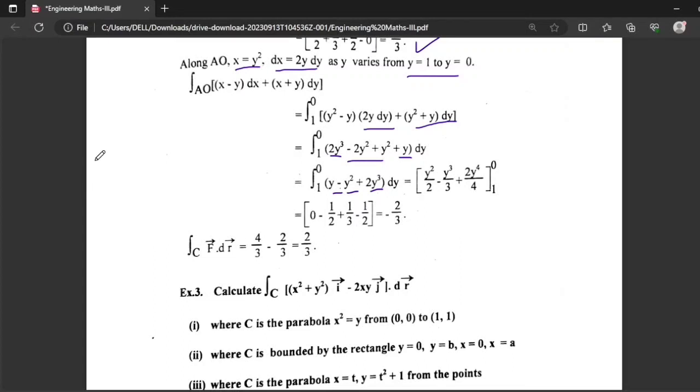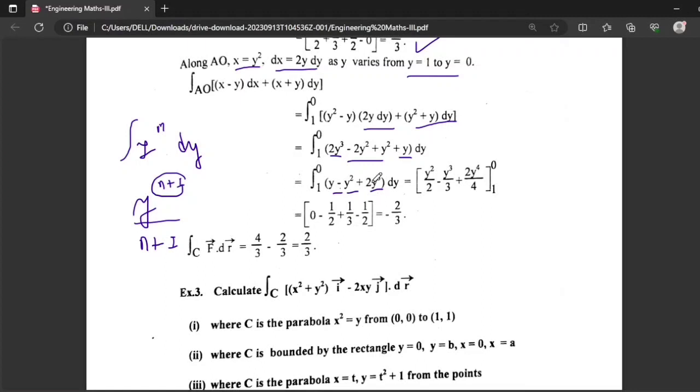The formula for integration of y to the power n dy is y to the power n plus 1, divided by n plus 1.